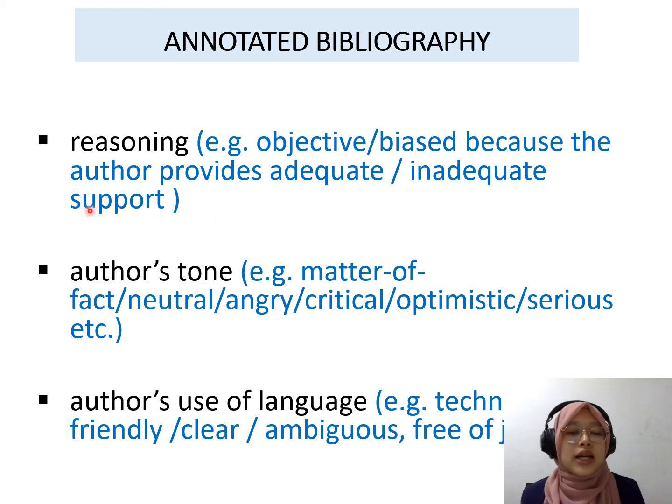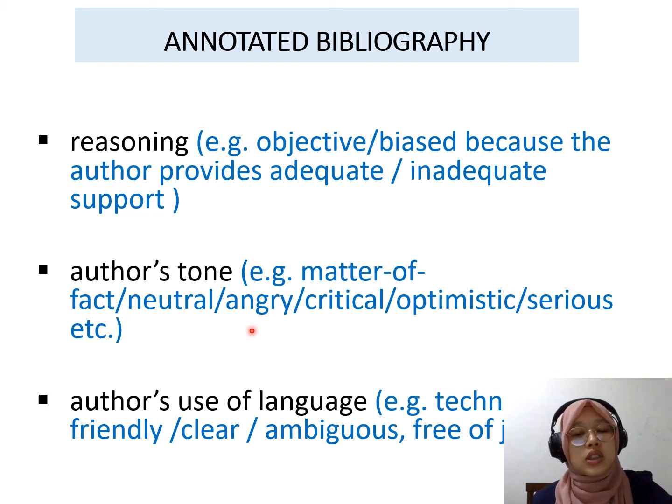Okay, next, what you can see is the author's tone. As a matter of fact, is it neutral, meaning not pointing at anyone's fault? Or is it angry? When you read, you can see the author's tone. Is it critical?